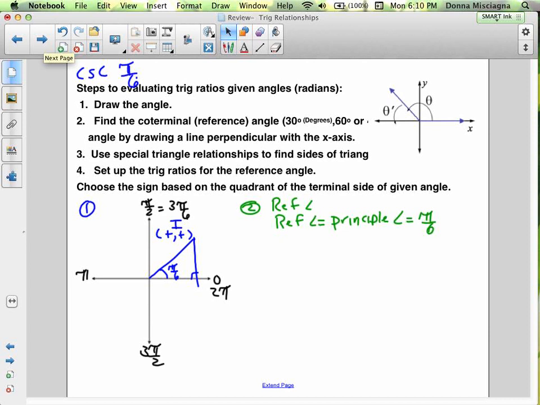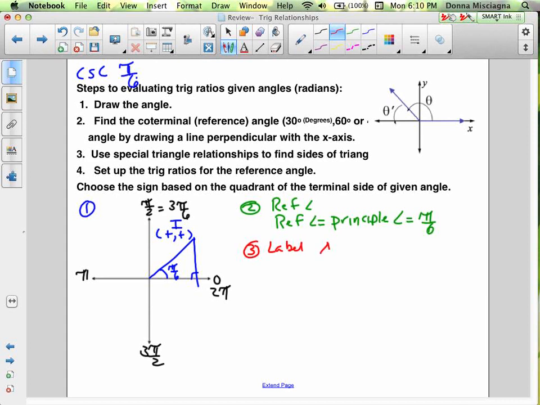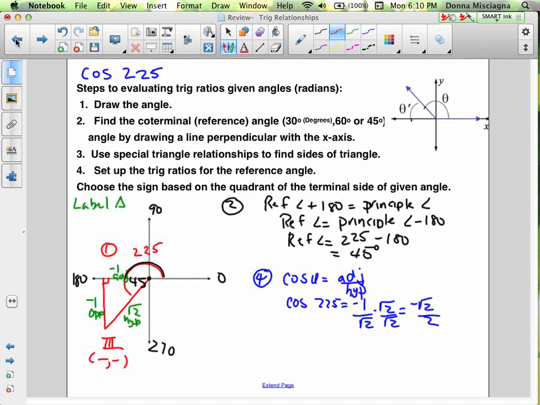Step 3, we want to label the triangle. All right, do you remember opposite pi 6? Pi 6 is from this triangle here. Let's go back and look at the triangle one more time.